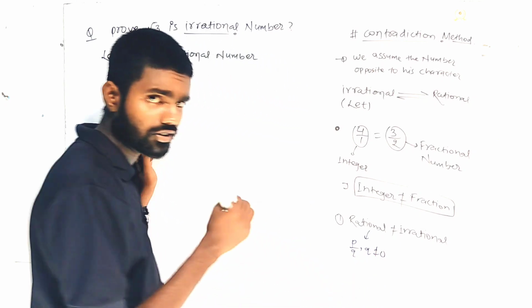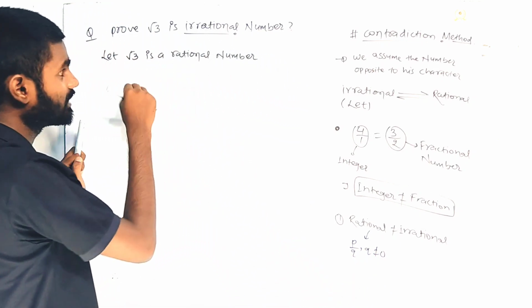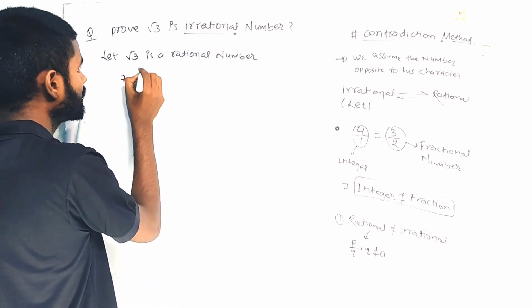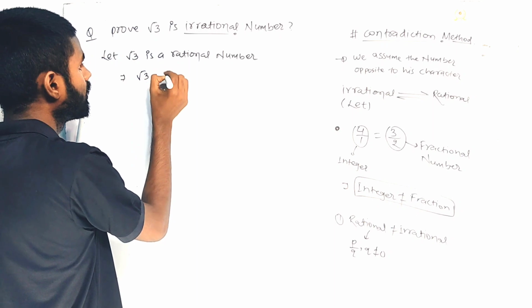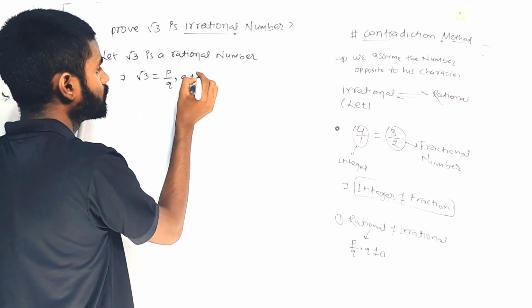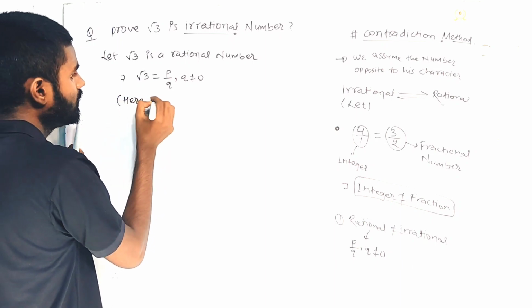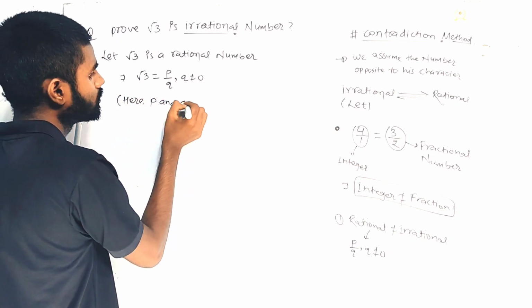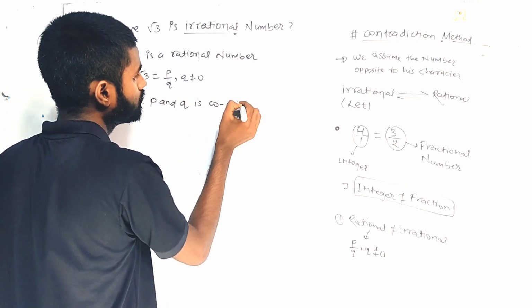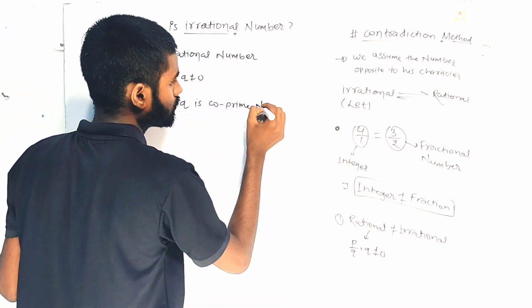Am I right? So if we let this number be a rational number, we can write it as p upon q, where q is not equal to 0, and here p and q are co-prime numbers, which means both have HCF 1.